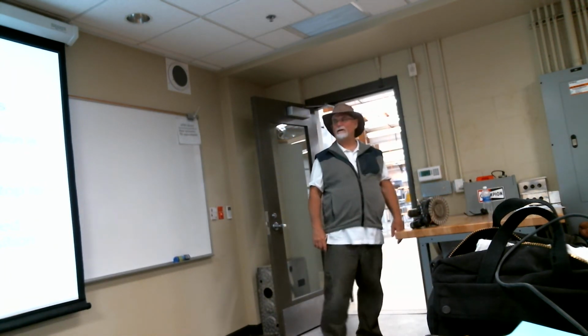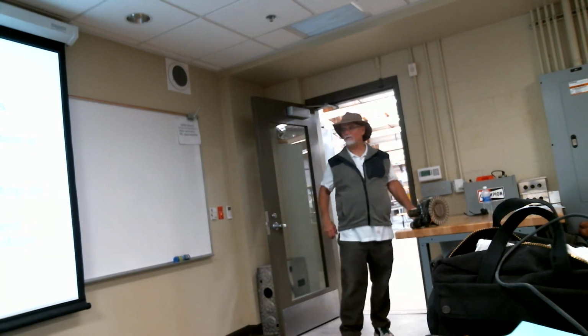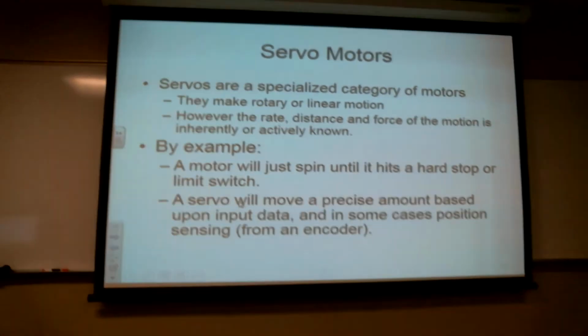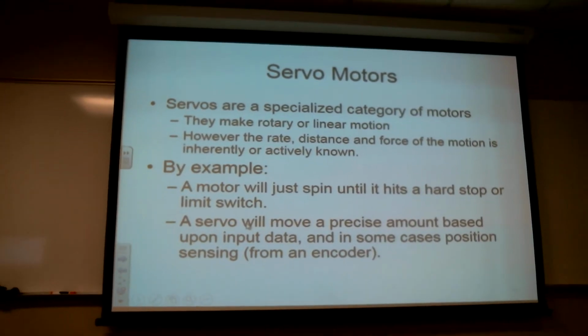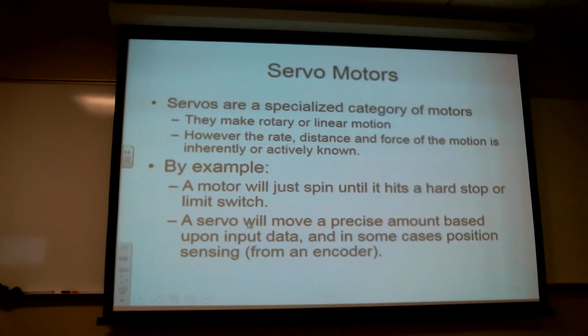Now, there are some vernacular elements here. We have basically 2 categories of servo motors, and some engineers refer to one as a stepper motor and one as a servo motor.